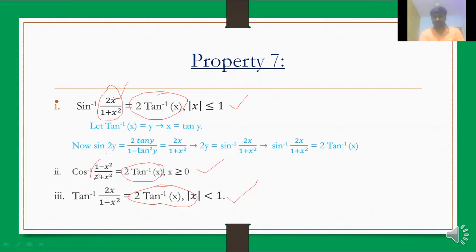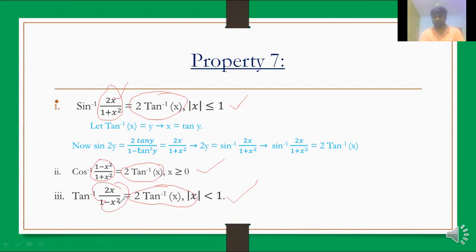Correct or not? Now here, what is the tan 2 theta formula? 2 tan theta by 1 minus tan square theta. So like that, these formulas are derived.